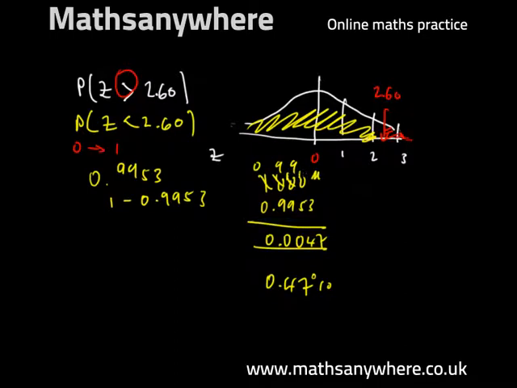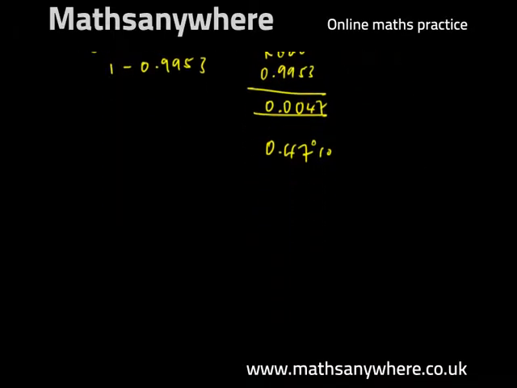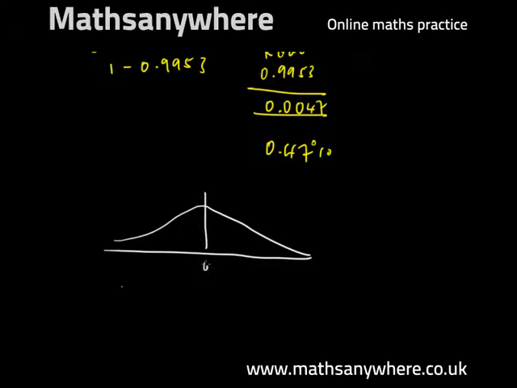Let's try one more. Let's look at the other side of the distribution. We're looking at values less than 0.